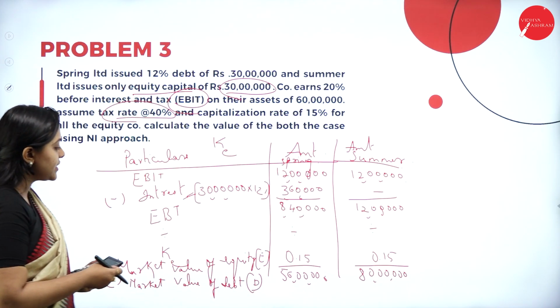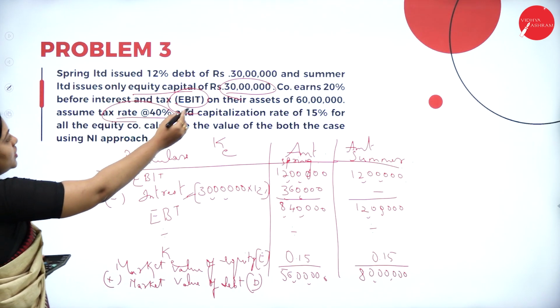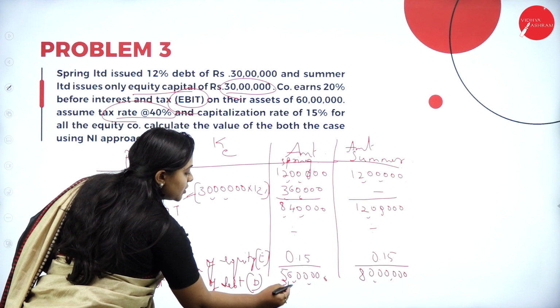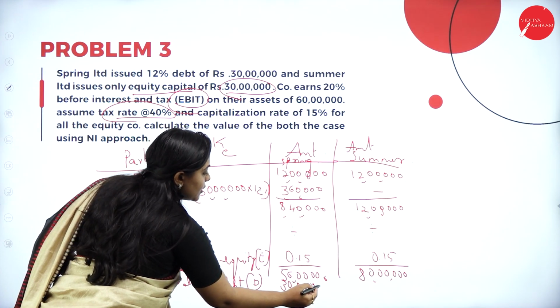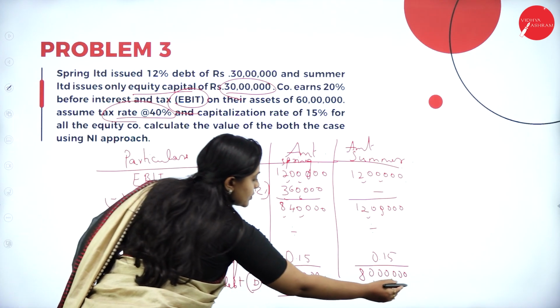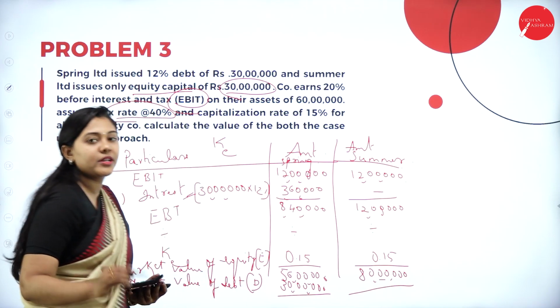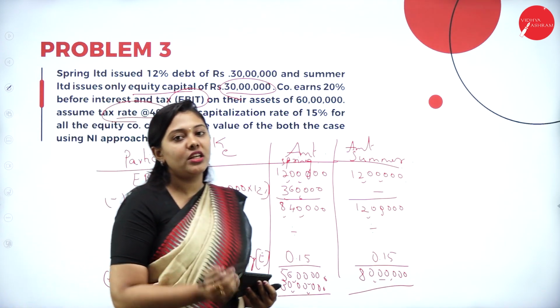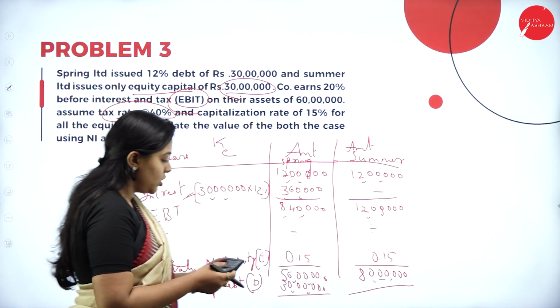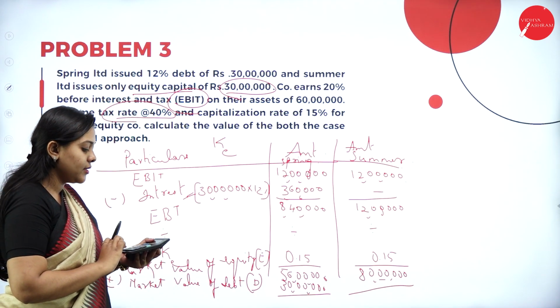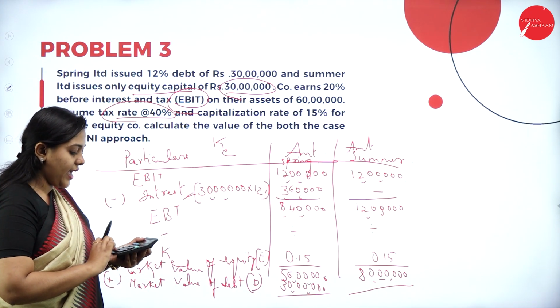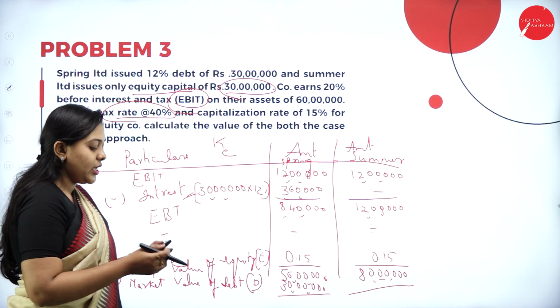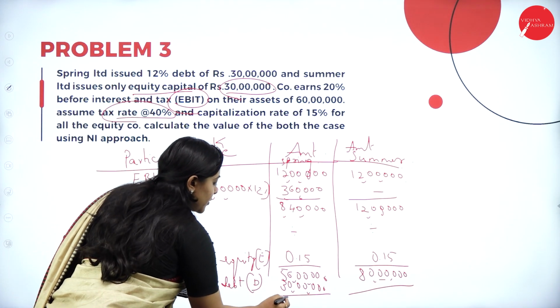So 56 lakh, what is the debt given? 30 lakh. Debt is nil here because in that company only equity shares are being used. So 56 lakh plus 30 lakh, the answer you get is 86 lakh.